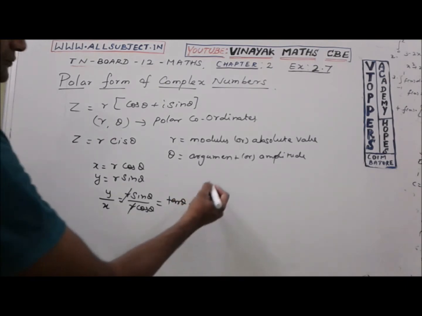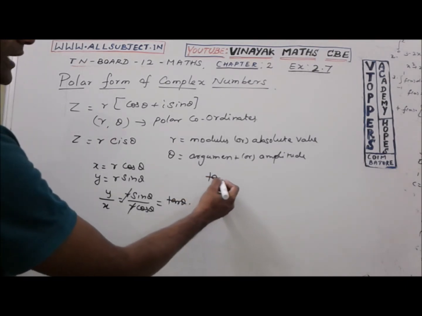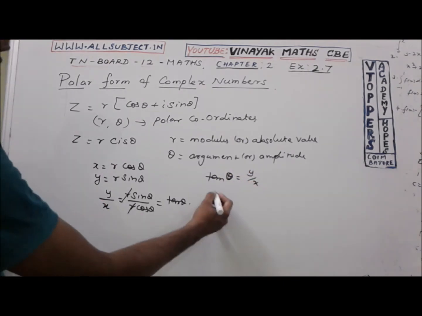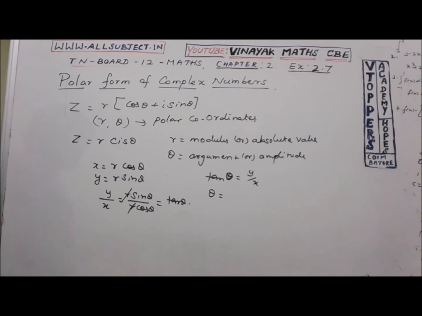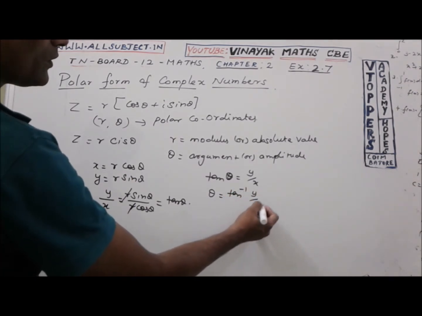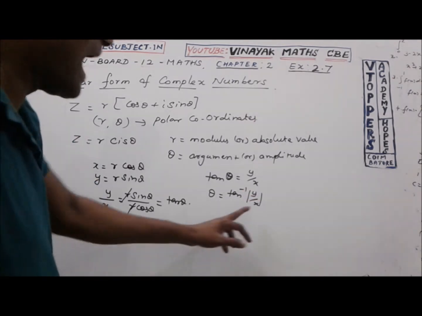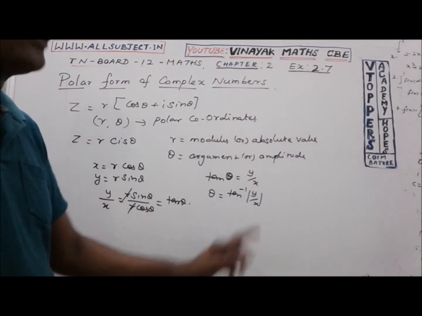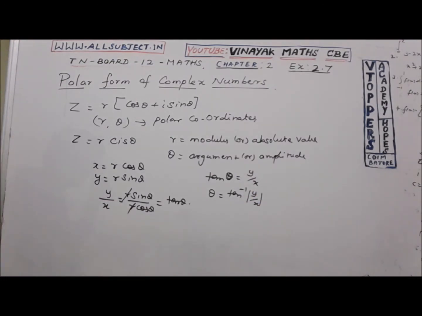So here tan theta equals y by x, and taking tan inverse on both sides, theta equals tan inverse of y by x. Adding the modulus, theta equals tan inverse of modulus of y by x.